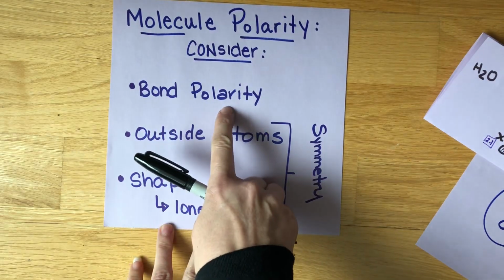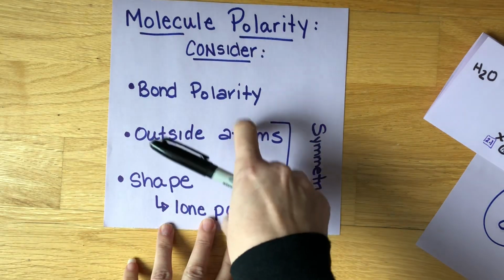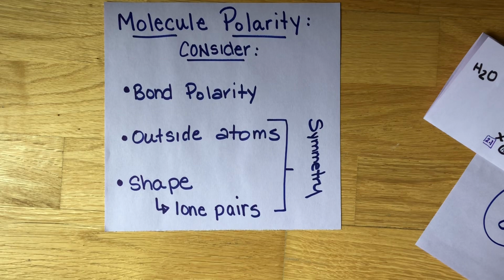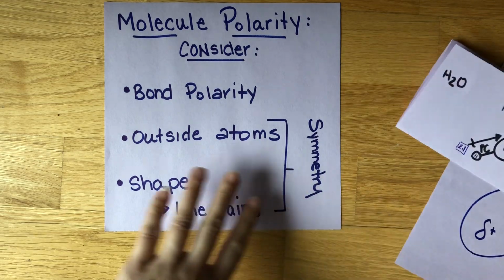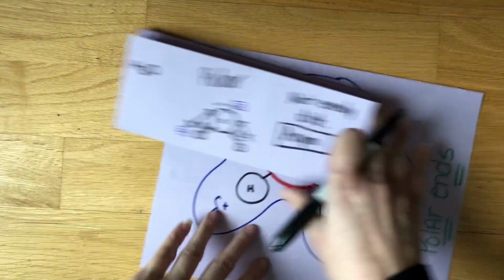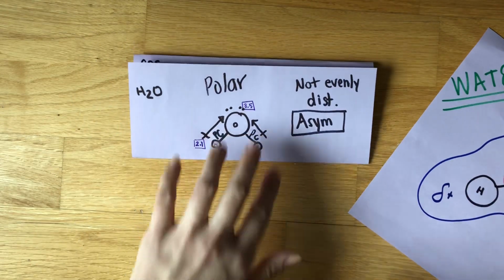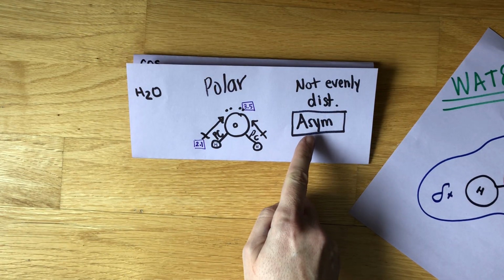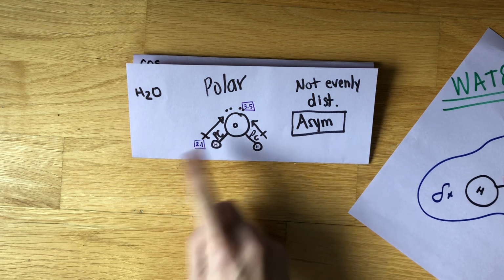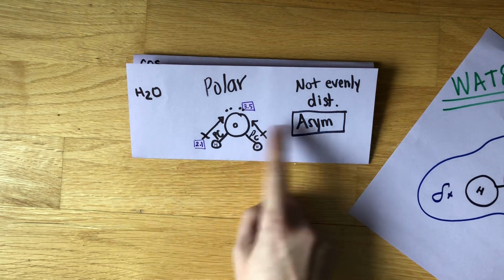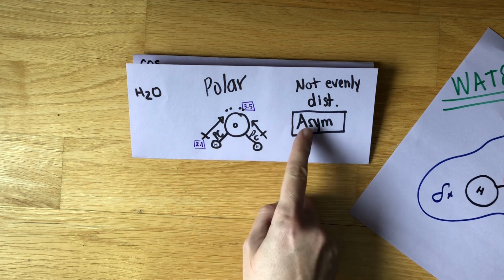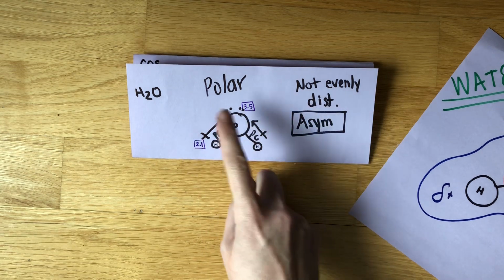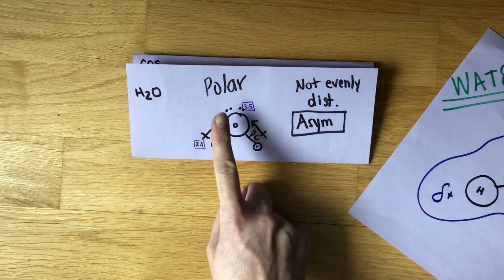Bond polarity and symmetry, which these two questions were looked at. So now we've noticed some sort of commonality, and that is in a polar molecule, we need the overall shape here to be asymmetrical, and it helps if the bond is a polar bond. So polar bonds and an asymmetrical shape for a polar molecule.